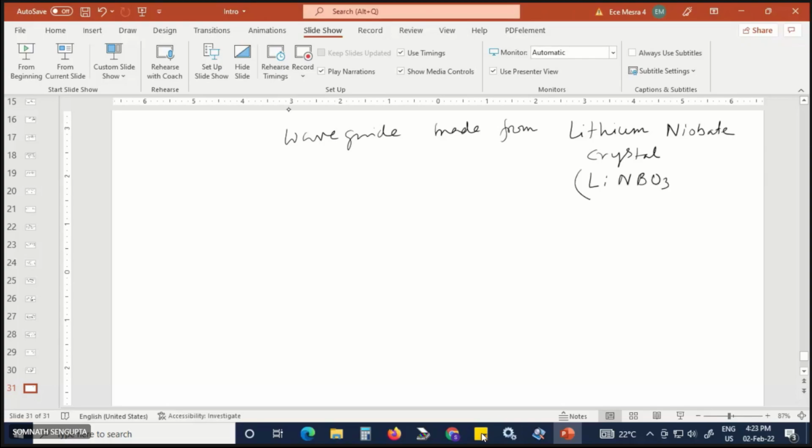What is the property of that? If voltage is applied, it changes the refractive index.